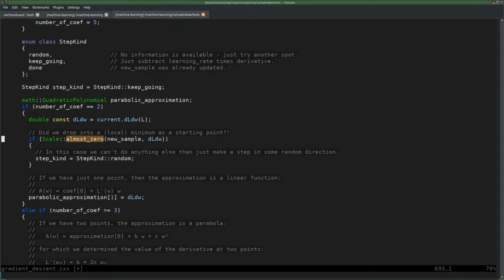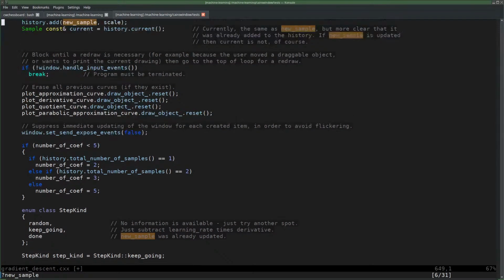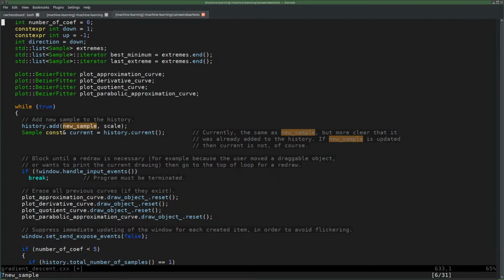I'm not convinced that new sample is already defined at this point. Or is it? I mean, it's defined, but does it already have a value? Probably, because I added it to the history.